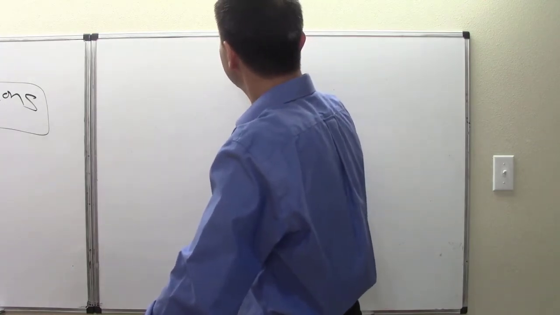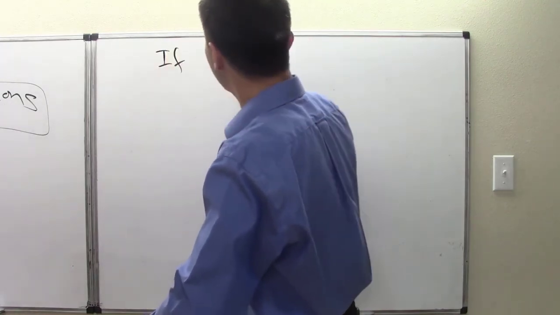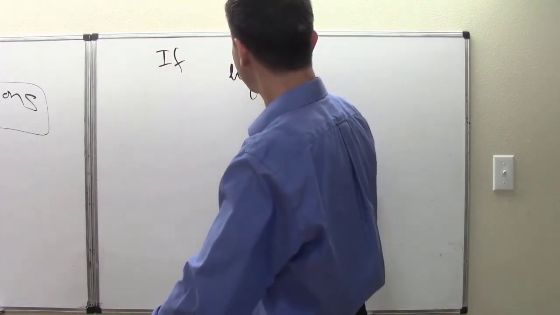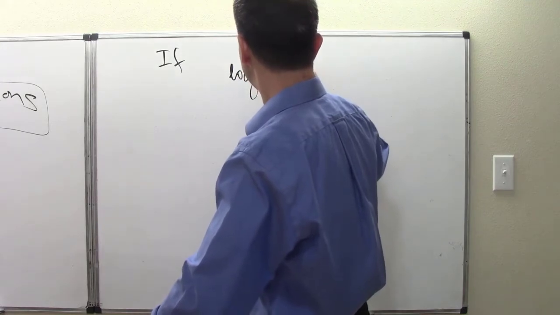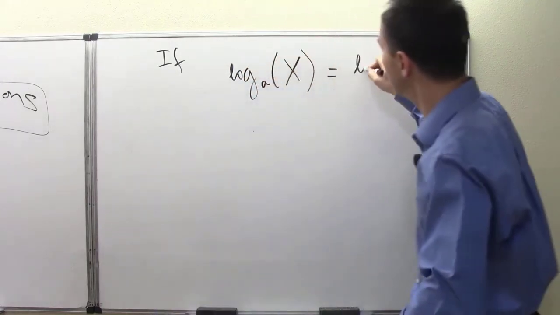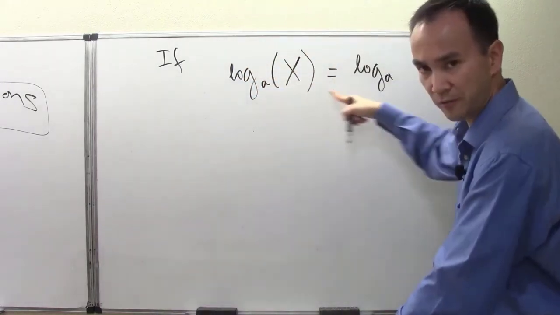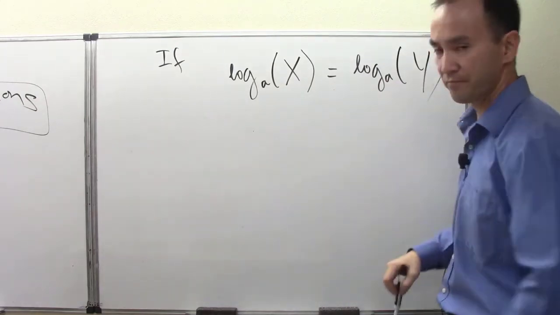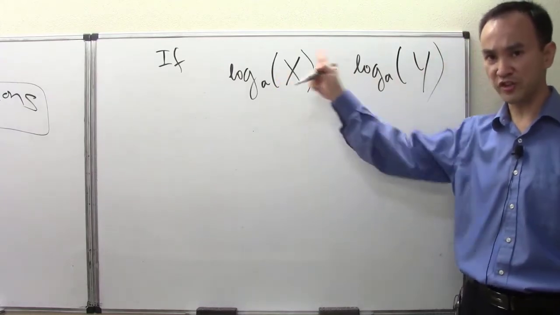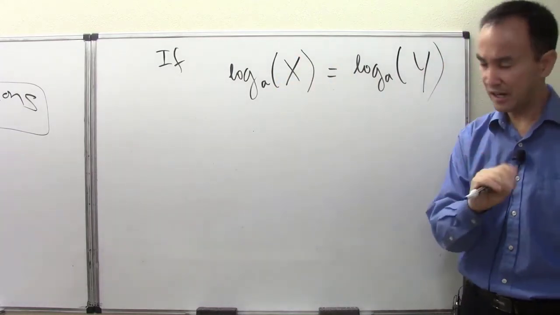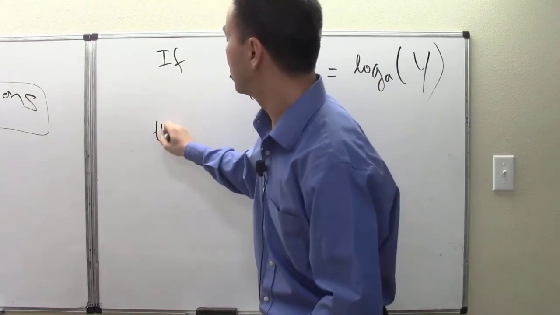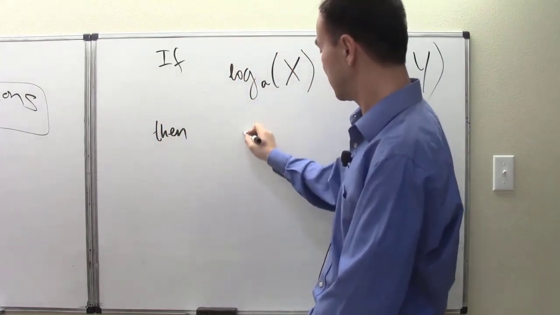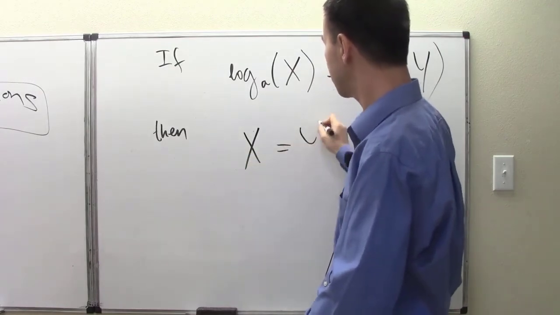If we start out with an equation in log form, where we have one log term, log base a of x, equals log base a of y, notice right from the beginning, the same base, so we have two log expressions equal with each other. Anytime we have that, it leads to the following important result: it's proven that x will equal y.